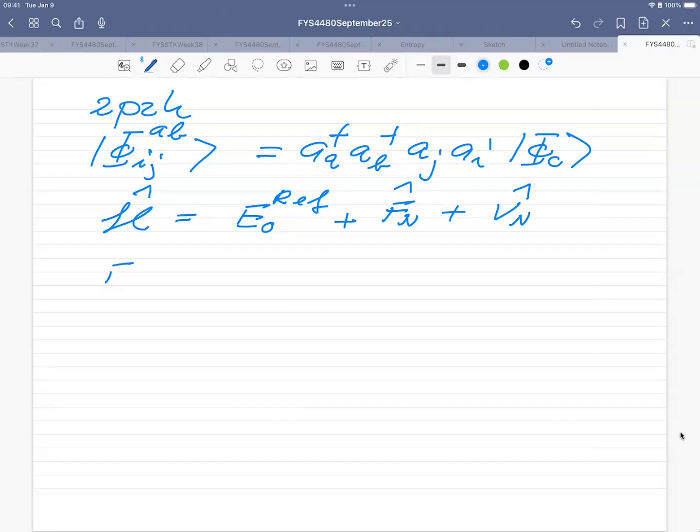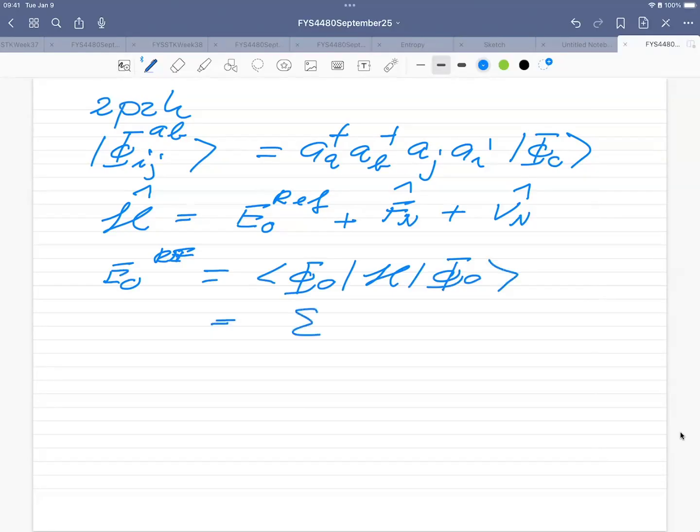And this E0 ref is simply the expectation value of the Hamiltonian with the ansatz for the ground state. This is something which we calculated in the very beginning of the semester.